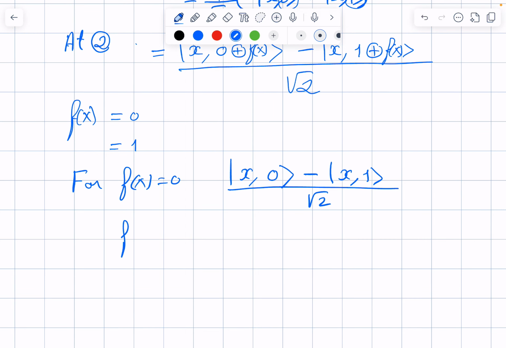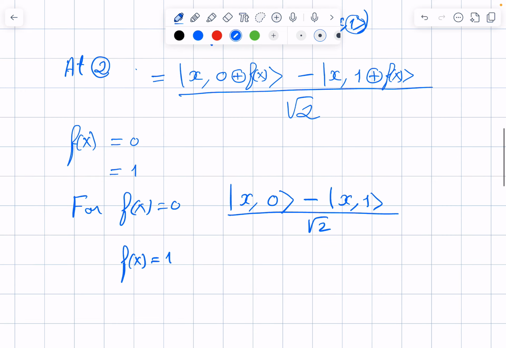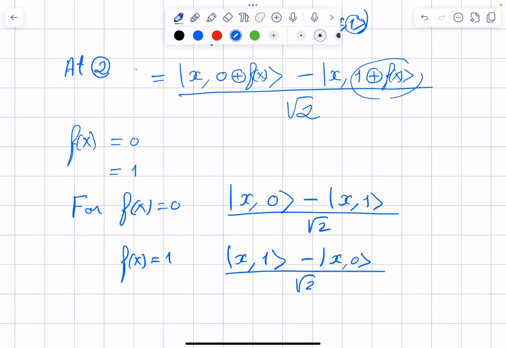For f of x equal to 1, what do we have? We have x 0 XOR 1, which is 1, minus x 1 XOR 1, which is 0, of course over square root 2.